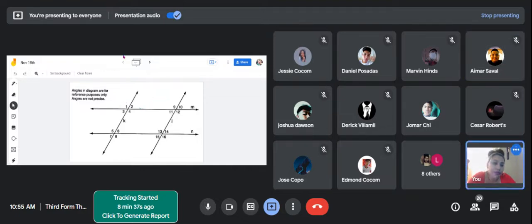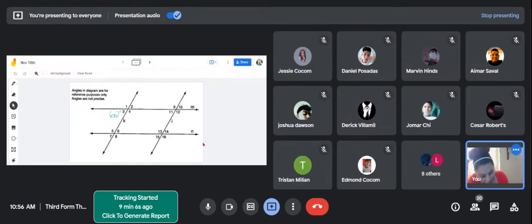Number two. Derek, read number two for me. Angle 3 equals 62. Okay. Angle 3 equals 62 degrees. So I will write 62 degrees here. And what do you need to find?